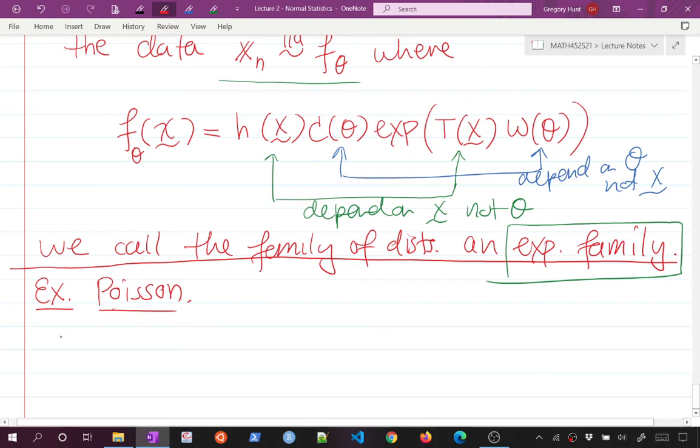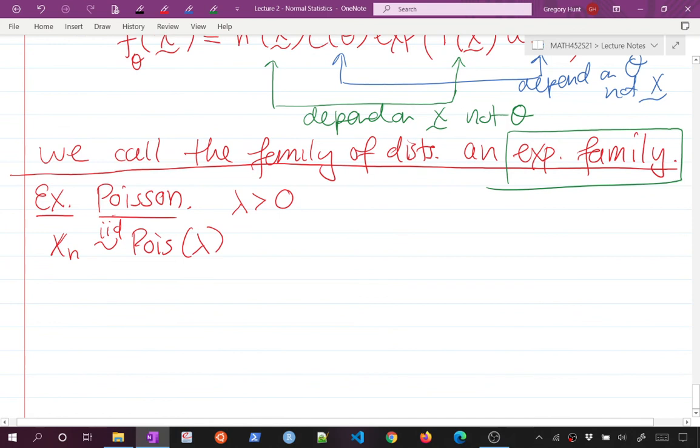Poisson, right? So let's assume my data comes from a Poisson distribution, with some unknown parameter lambda. Lambda is positive. So instead of theta, I have lambda. All right. The joint distribution of my data, let's write it out.